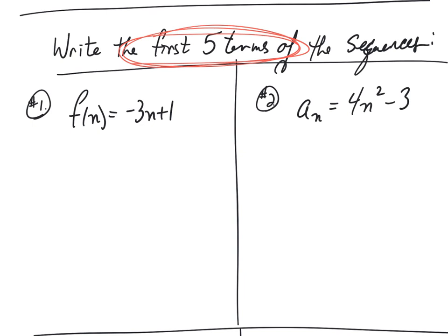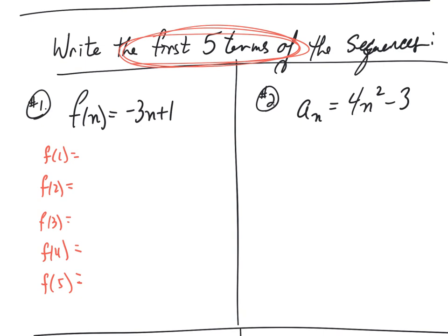So again, since we're talking about the first 5 terms, unless you're told otherwise, and there are going to be examples where you'll be told otherwise, but unless you're told otherwise, the first number you put in is 1. So we're going to put in 1 for n, then 2, 3, 4, and in all of these examples, I'm going to ask you to find the first 5 terms.